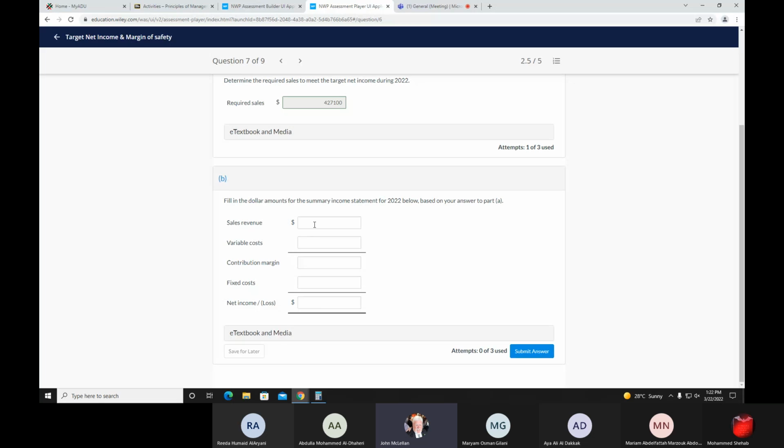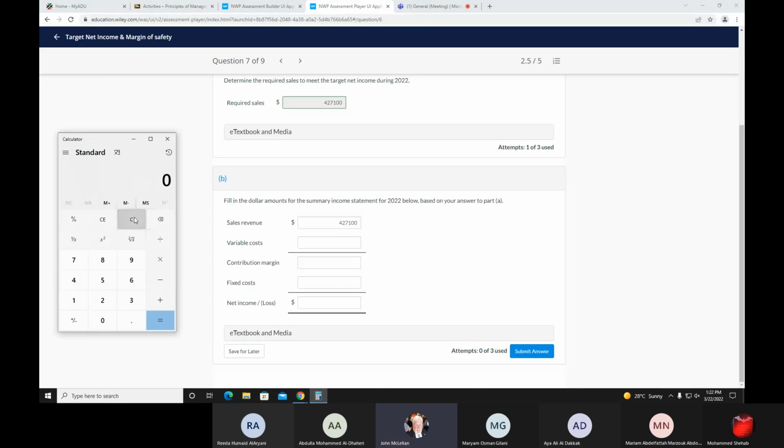Now prove it. So put in the sales. All right, now, what is the variable cost ratio? 30. So what's the total variable cost? Good.